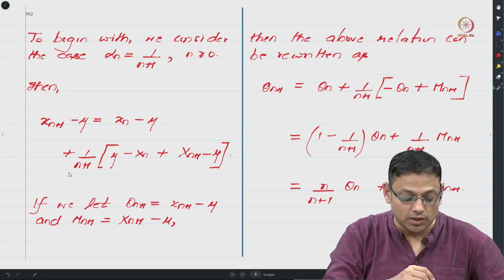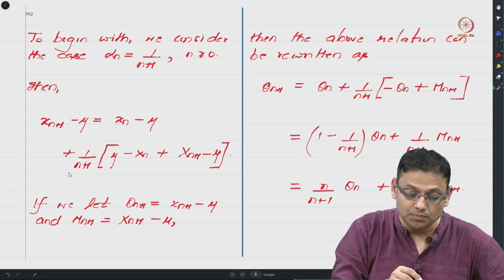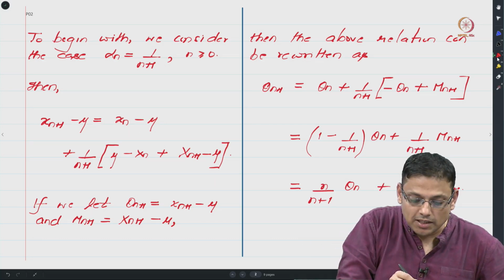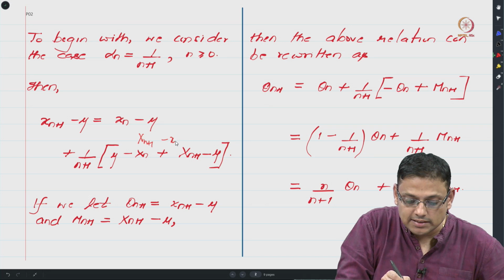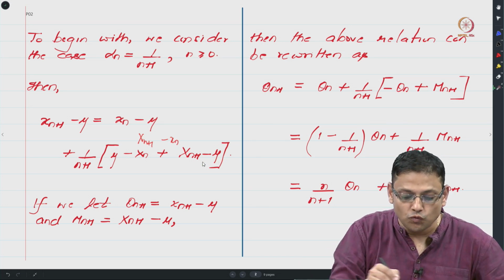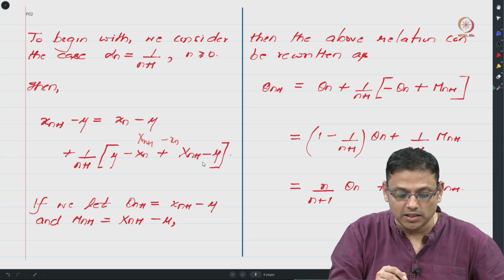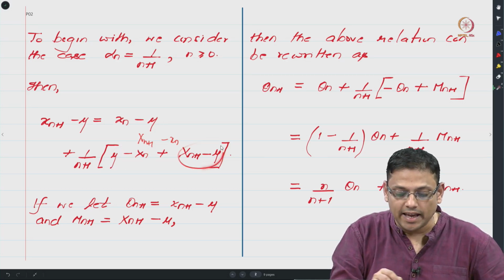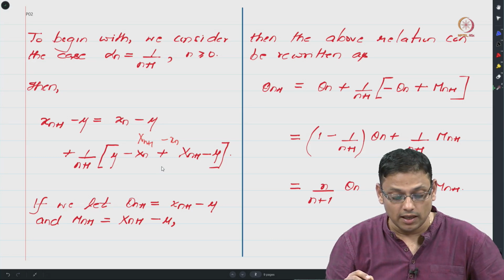Observe that we have substituted the value of alpha_n, and in the update rule earlier it was X_{n+1} - x_n. What I have done is add and subtract mu in this expression, and written mu - x_n first and X_{n+1} - mu second.